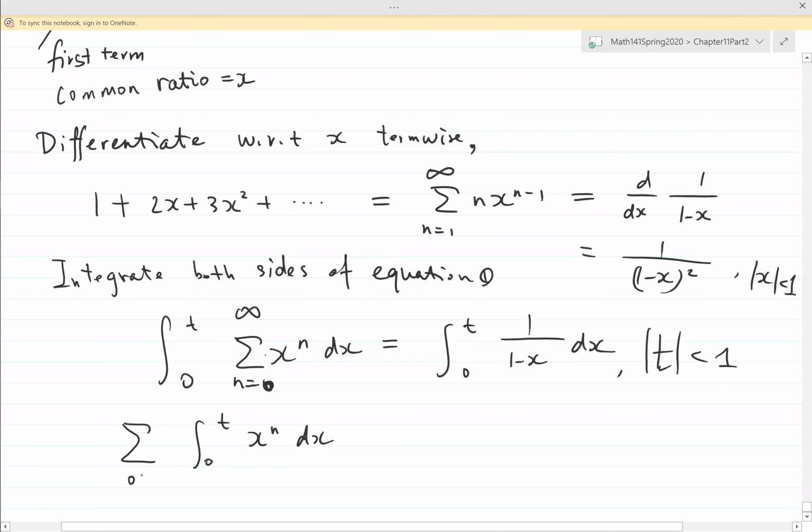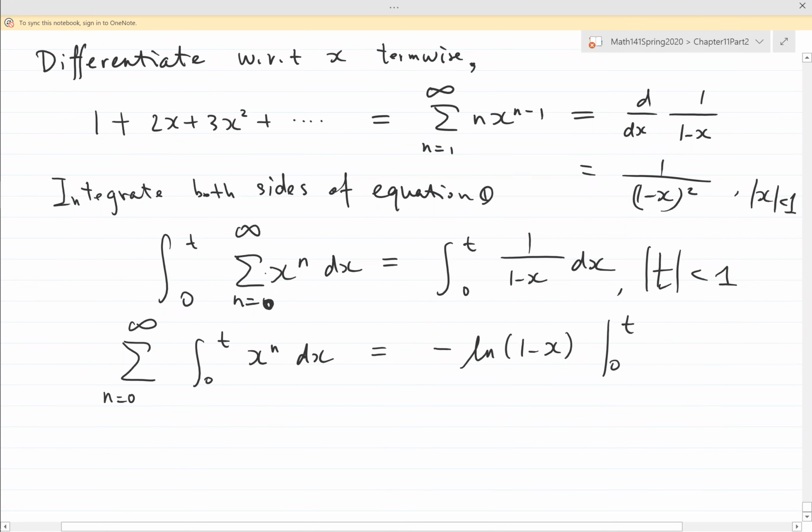by the fundamental theorem of calculus. The right side we get ln, by the fundamental theorem of calculus, you find its antiderivative. So the left side you get the sum for n from 0 to infinity of 1 over n plus 1, x to the n plus 1, from 0 to t.